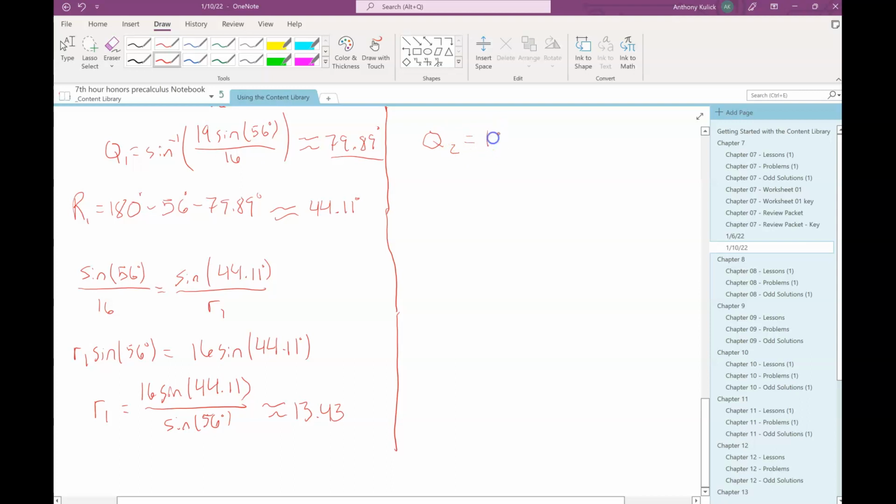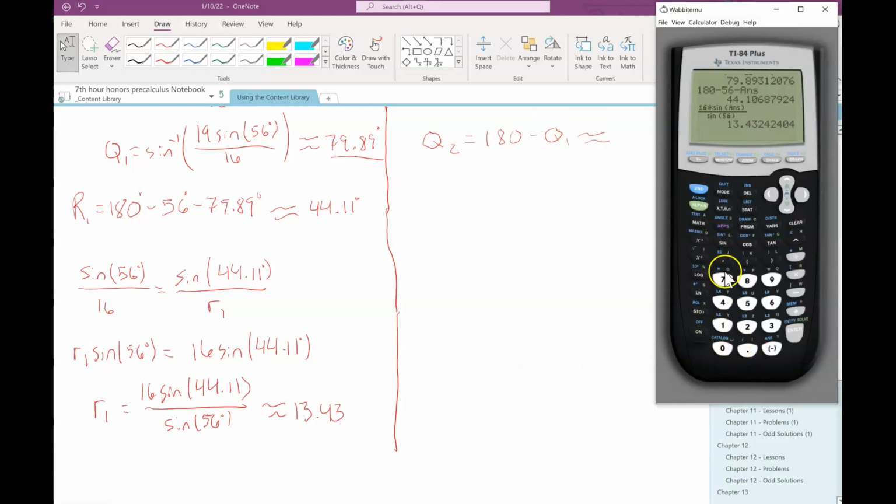That first angle that we found in triangle 1 is the supplement to that same angle in triangle 2. If there's a place where students forget what to do or get stuck, this is almost always the place.